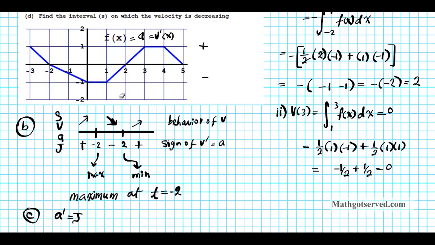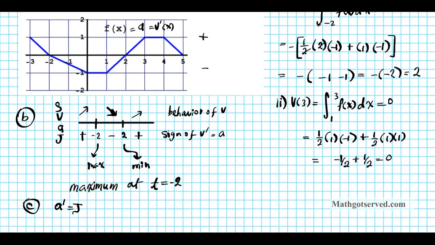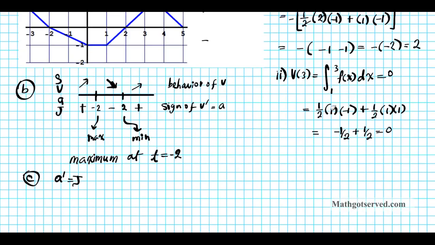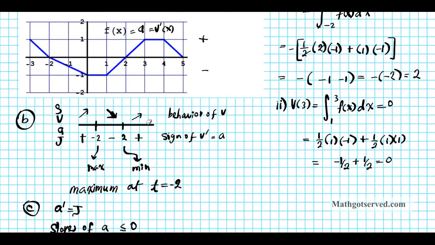Okay? Alright, so we're looking for where the jerk is less than or equal to 0. So basically we're looking for where the slope of the line, the slope of A, is either equal to 0 or negative. Okay? So let's look at this line. Where do we have negative slopes? From here you can see that the acceleration is decreasing from -3 all the way to -2.